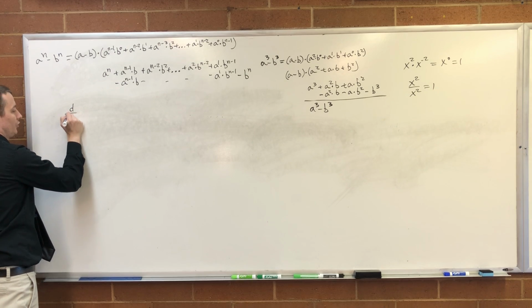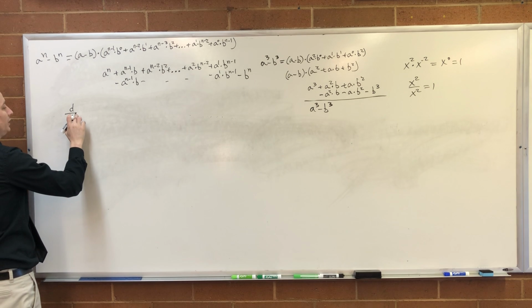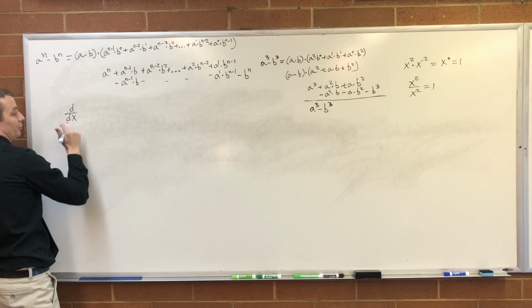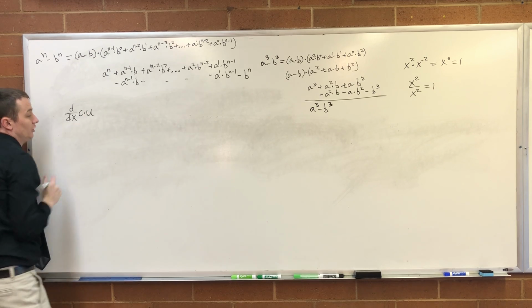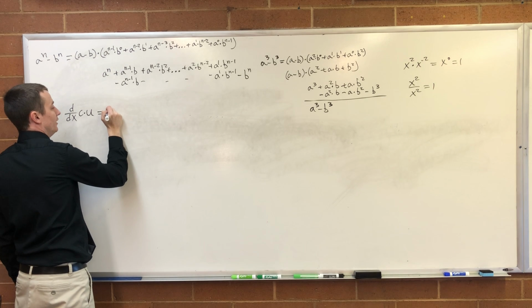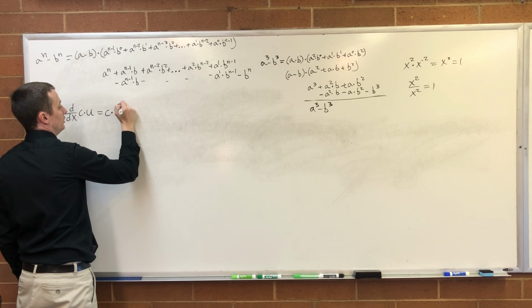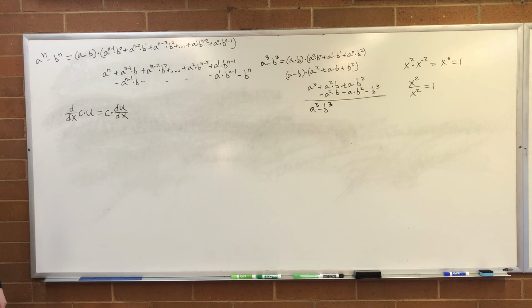The derivative with respect to x of a constant times some function u is equal to c times du/dx. In other words, we can pull constants out and then take our derivative. That's what that's saying. So let's prove it.